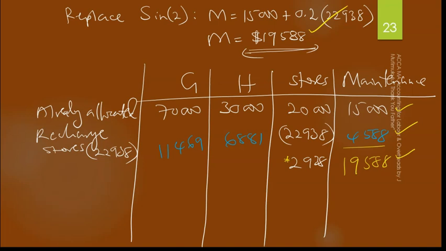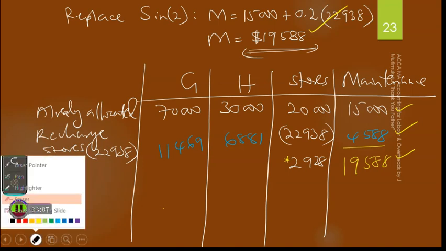All right, and you know that we need to remove this amount. Okay, we need to reapportion the 19,000 here. All right, we need to remove the amount.